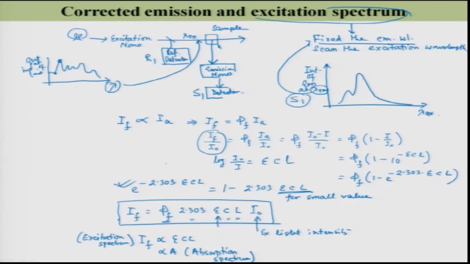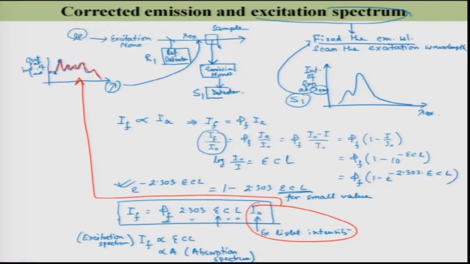So, concentration must be low, and secondly, and this is most important, the excitation light intensity should be fixed over this wavelength, but it is not. You see here, it is changing, it is like this, it is like this. So, excitation light intensity I 0 is changing.